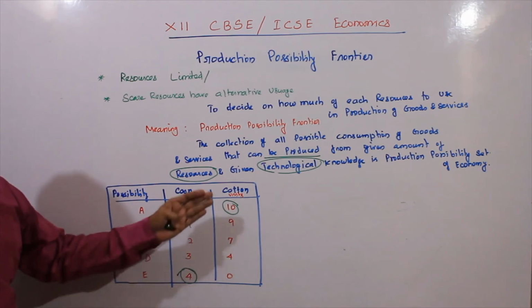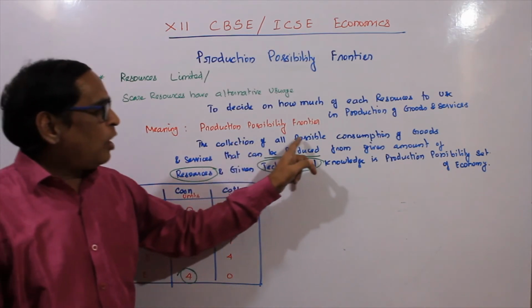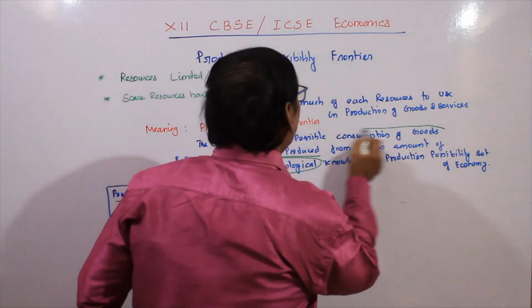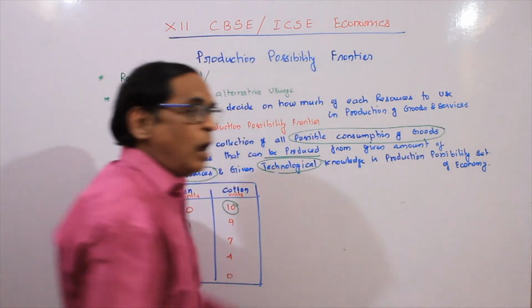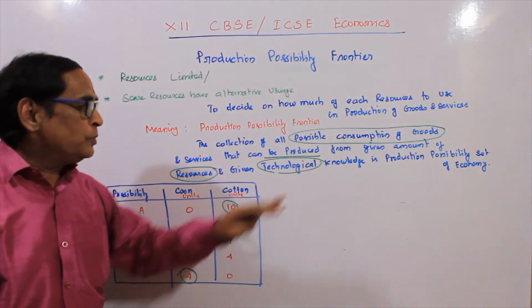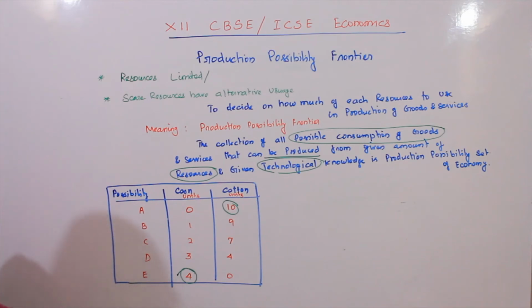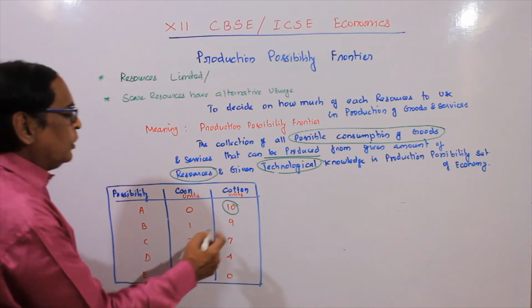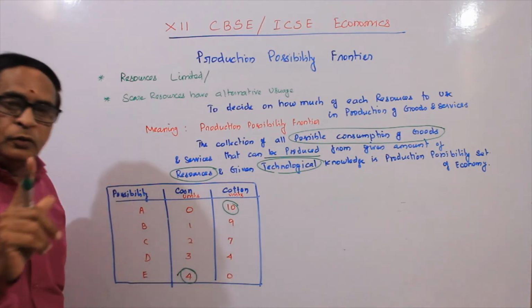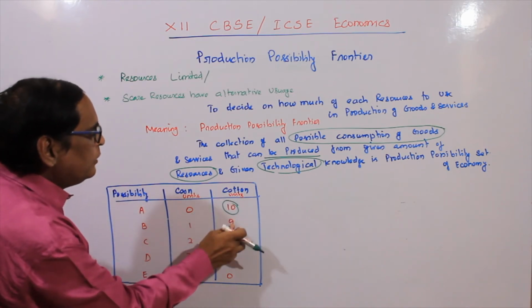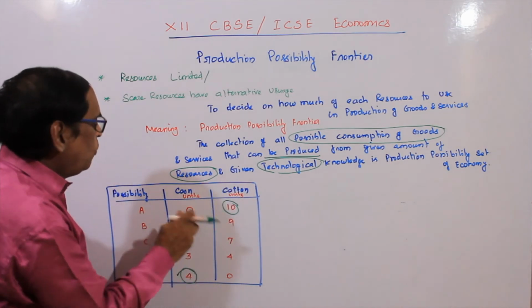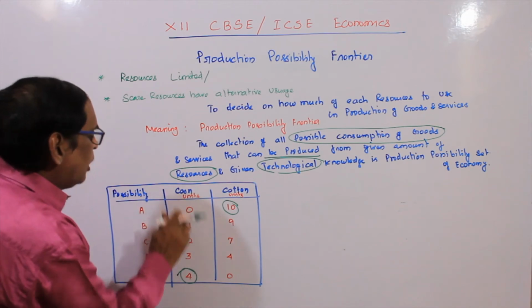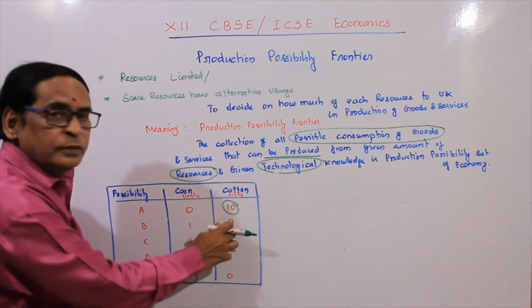Apart from that, this is the collection of all possible combinations of goods. So how do the other combinations work? If I want 1 unit of corn, I have to sacrifice 1 unit of cotton. So 1 unit of corn, 9 units of cotton.